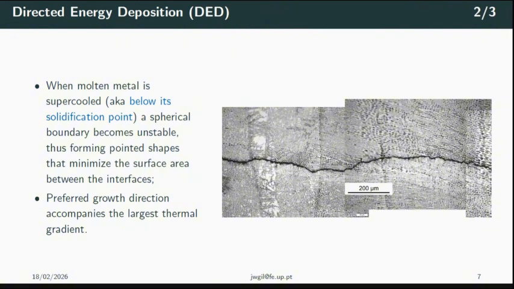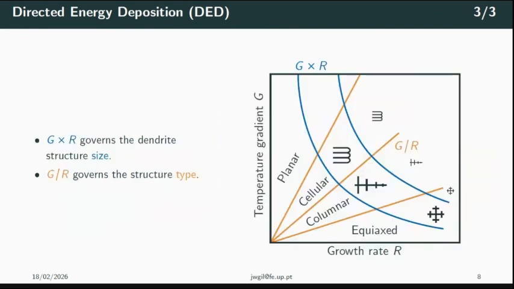Here in this image, we already see quite a few different morphologies, and they arise due to two variables: the temperature gradient ahead of the cooling front and the growth rate, or basically how fast everything is cooling. The product of these variables defines the dimension of the dendrites, while the ratio between them defines their nature.